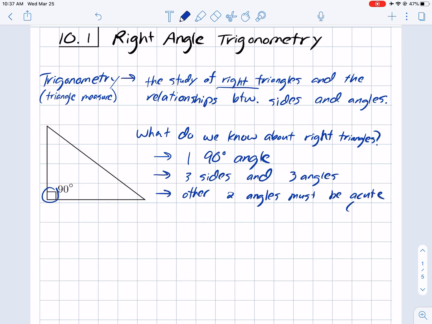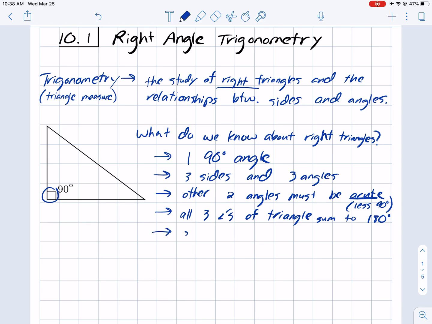Acute meaning less than 90 degrees. And that's because, hopefully we remember this theorem, all 3 angles of a triangle sum to 180 degrees. So if you have one angle that's 90, the other 2 angles are going to have to add to 90, which means they have to be acute.